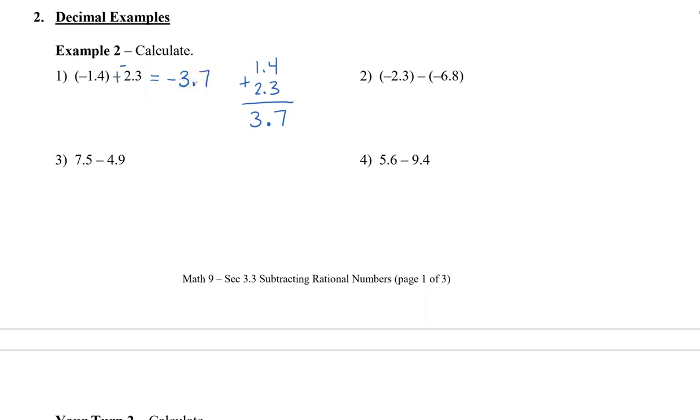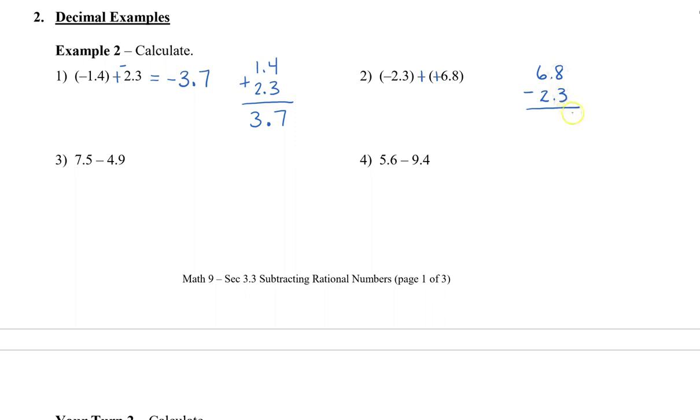Okay, let's take a look at number 2. Here we have minus a negative. Again, we have 2 negatives side by side, so we're going to change them to both positives. Now what we have is we're adding a negative number to a positive number. Remember, when the signs are different, we take the larger number, place it on the top, and subtract the smaller number.